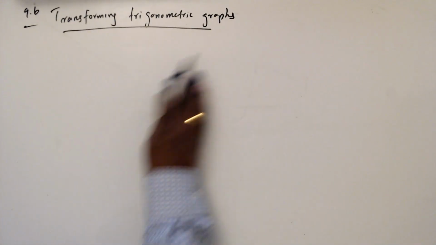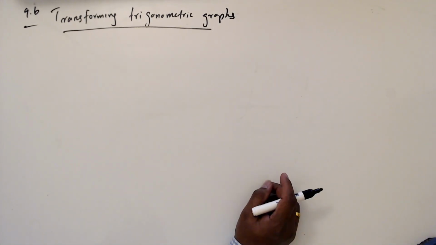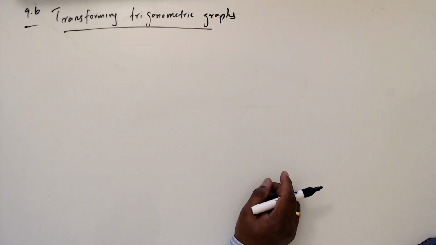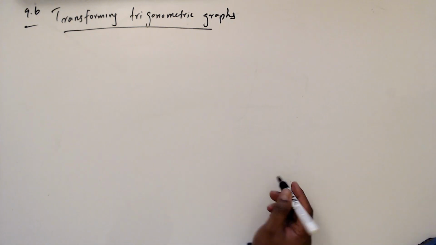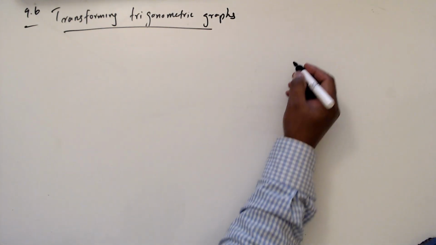Now, transformation of trigonometric graphs. There's not much difference between a normal graph and a trigonometric graph. We discuss simple translations on the horizontal and vertical axis.